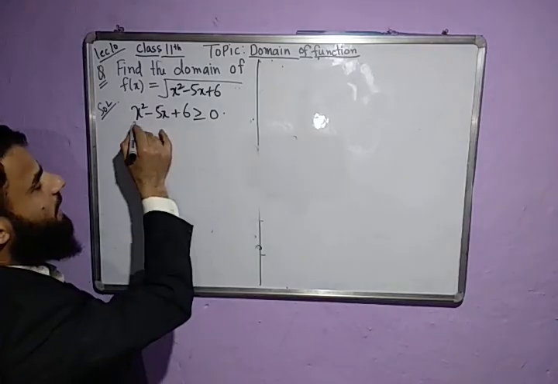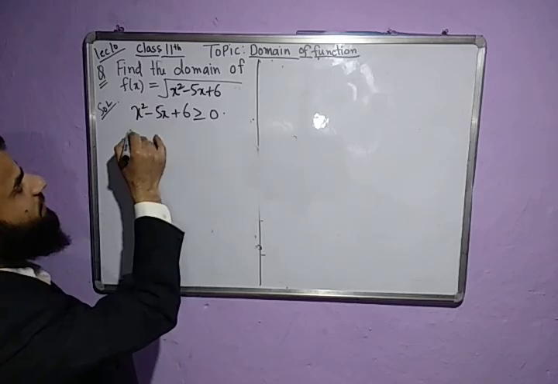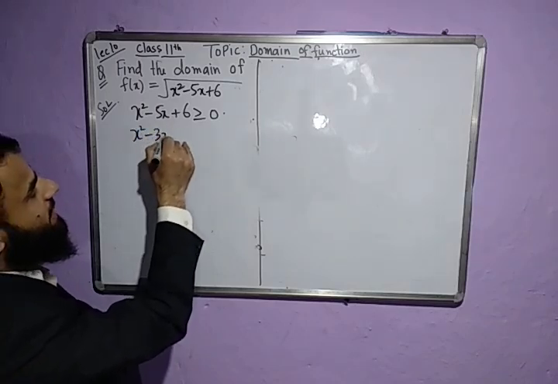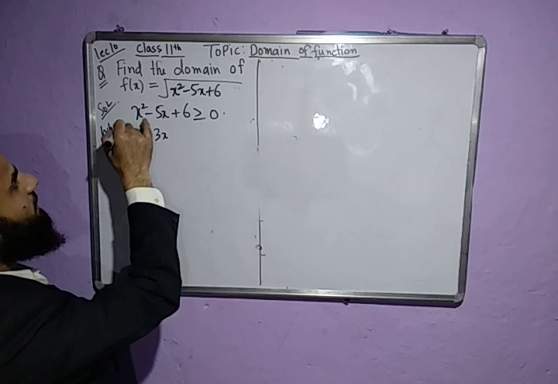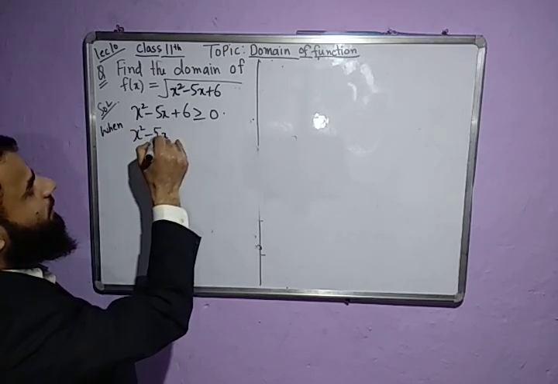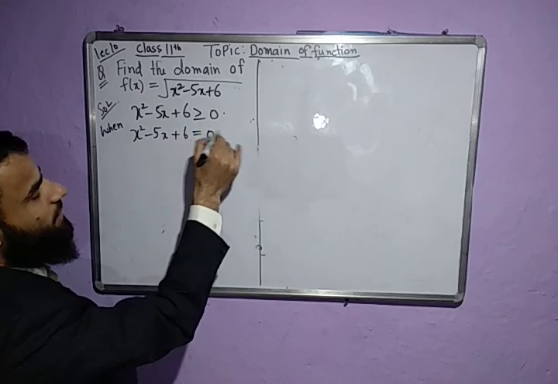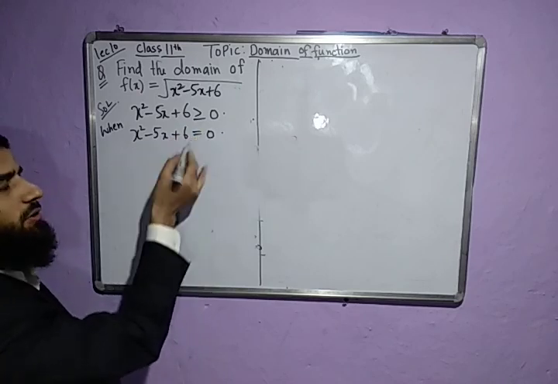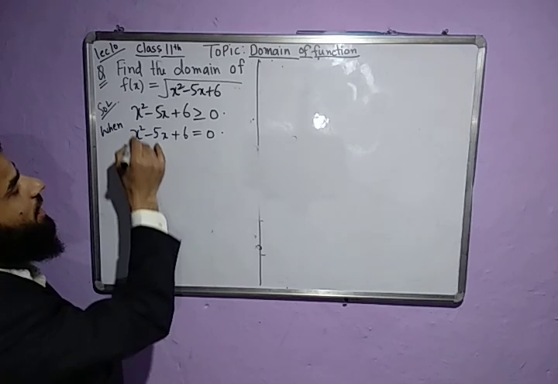Then I will find the roots of this equation, x square minus 5x plus 6 is equal to 0, similar to question number 1 which I taught you.